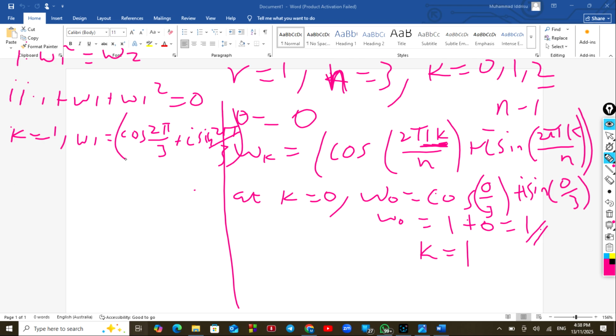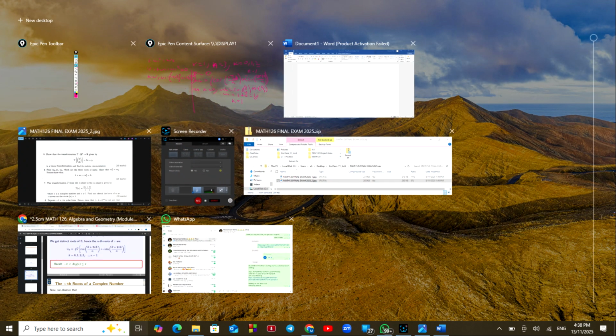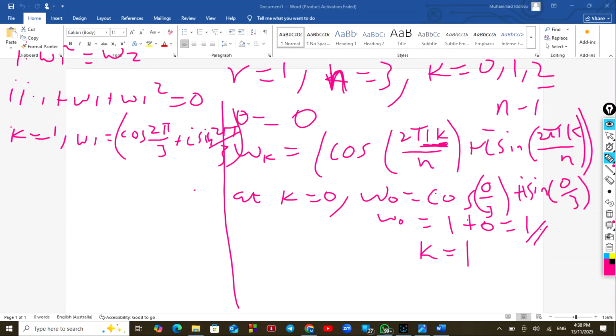So our W1 will be equal to cos 2 pi over 3 plus i sin 2 pi over 3.